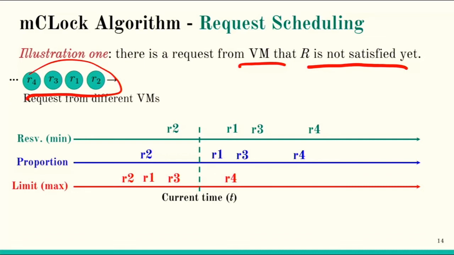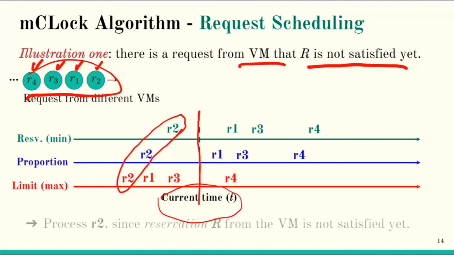We can see here we have request 2, request 1, request 3, and request 4. This is the current time. We can see request 2 has a reservation value still lower than the current time, so it means the reservation value is not satisfied yet. We will process this.